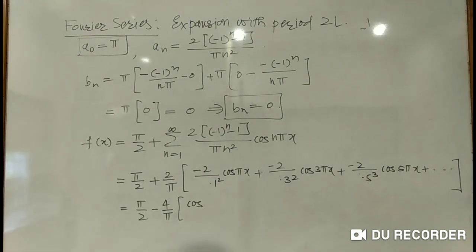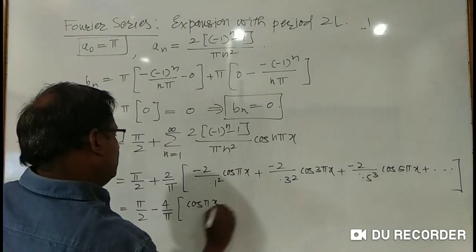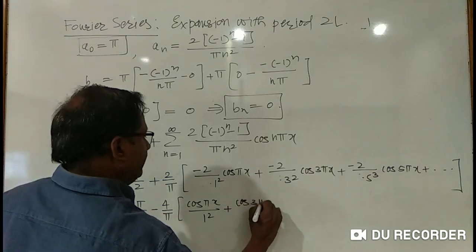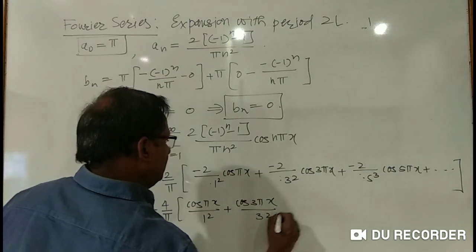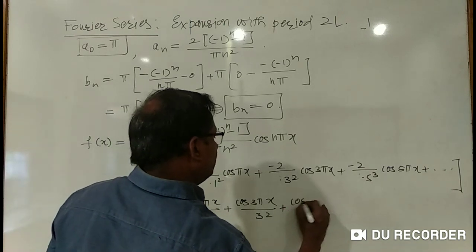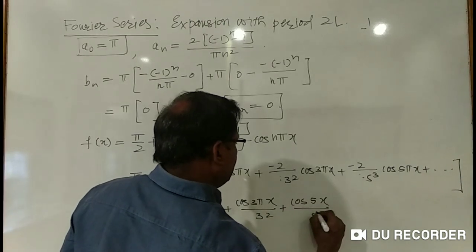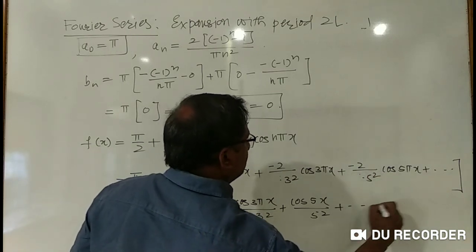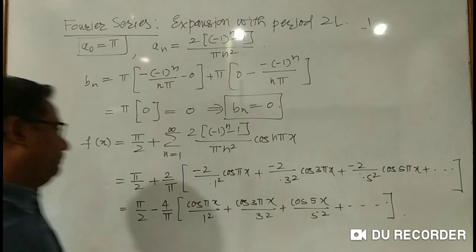So only 1 square, 3 square, like that. So cos pi x upon 1 square plus cos of 3 pi x upon 3 square plus cos of 5 pi x upon 5 square plus and so on, like this.